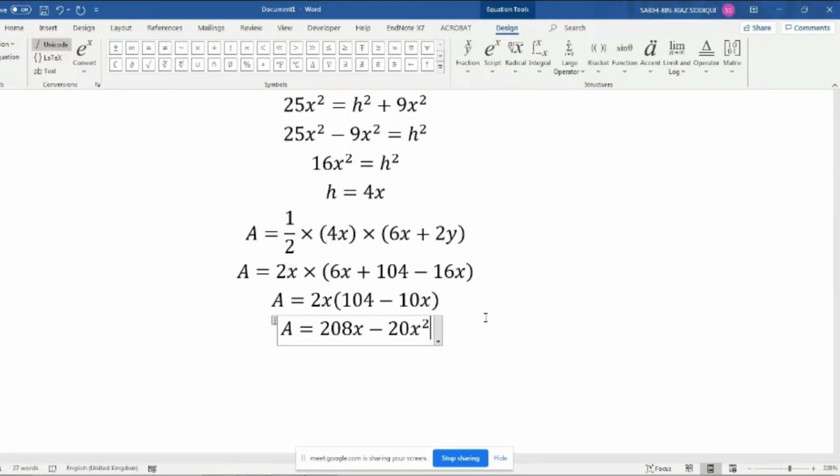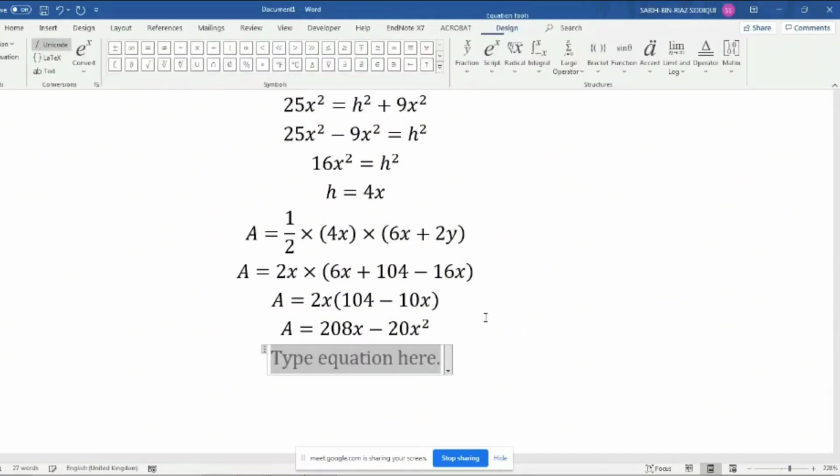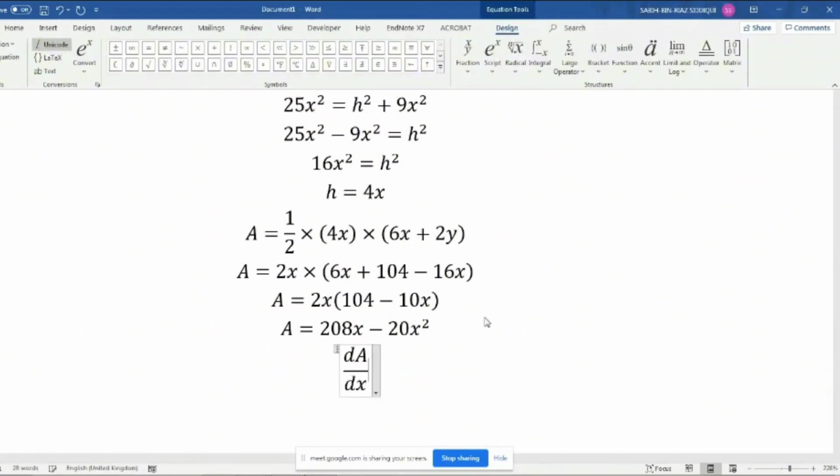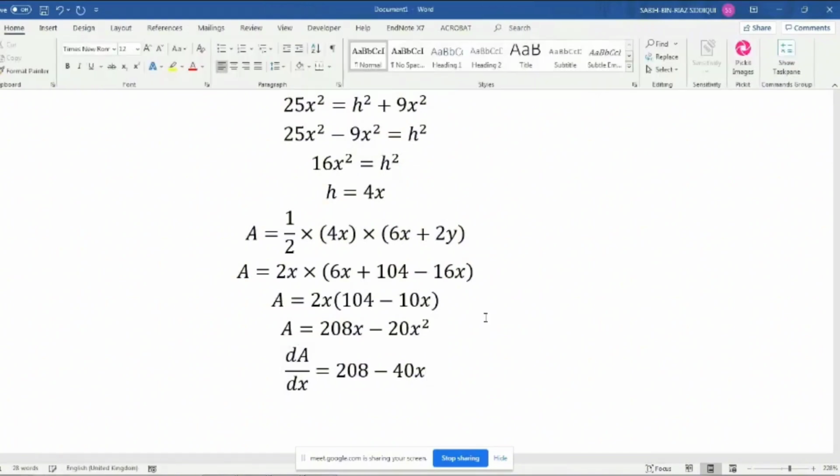Very good. The differential, or the rate of change with respect to the variable, is always equal to 0, whether it's a minimum point or a maximum point. So dA by dx will be equal to 208 minus 40x.